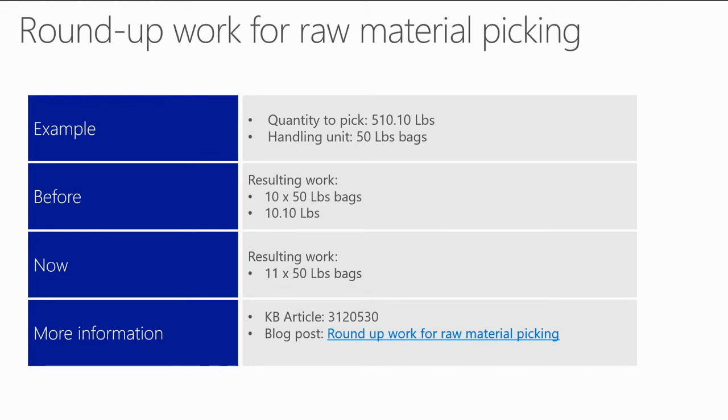So you can round up on the bill of material. That is possible. Actually, when I was in the dialogue during the development or scoping of this, my first suggestion would be to round up on the material line. But then the feedback was, no, that doesn't work, because when you estimate the production order, then it will estimate according to the rounded up quantity. But the reality in this example is that you only consume 510.10 pounds for the order.